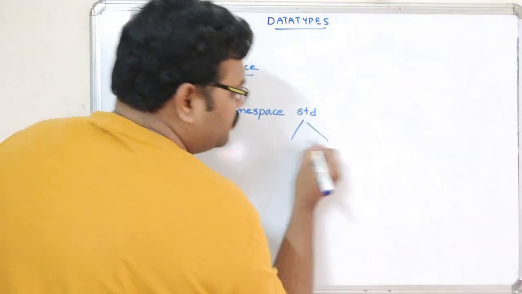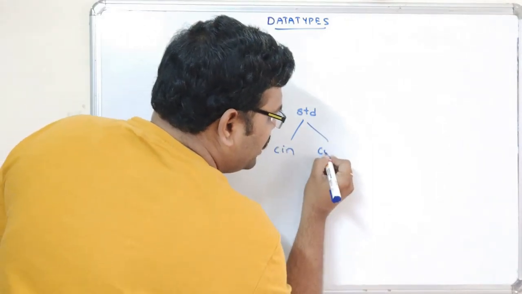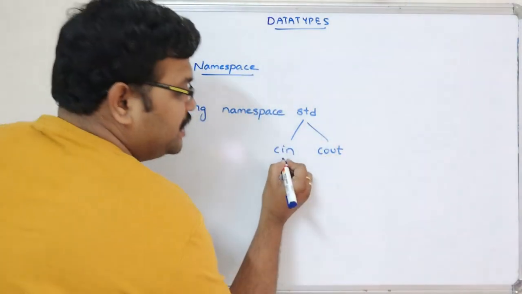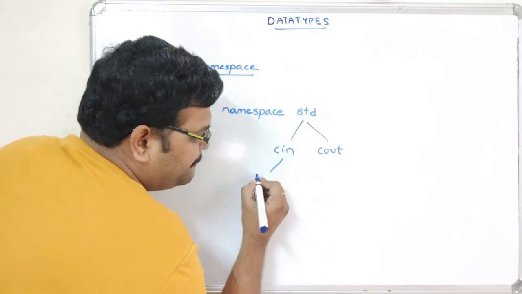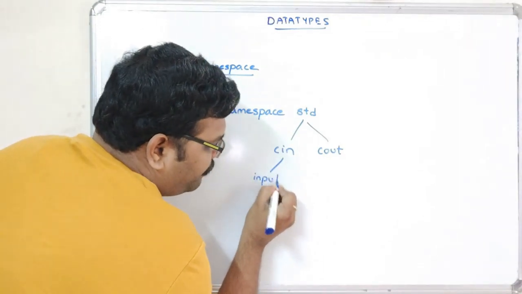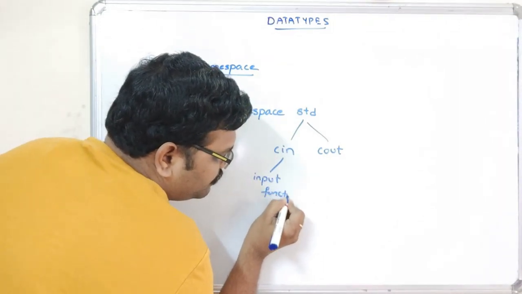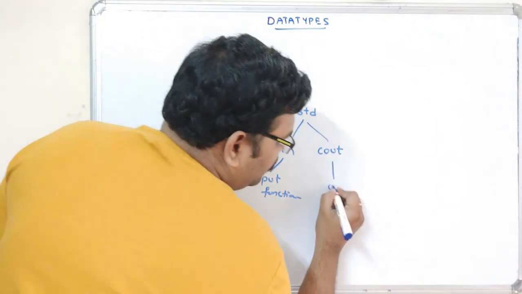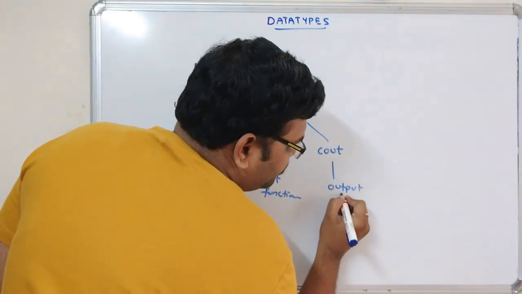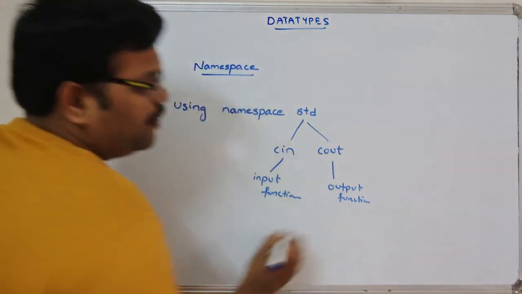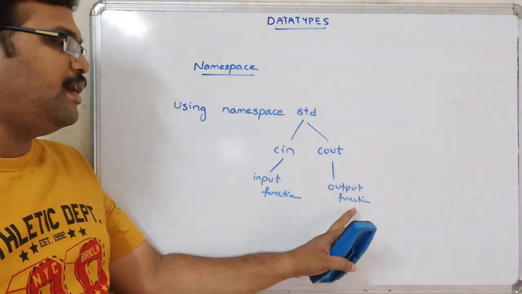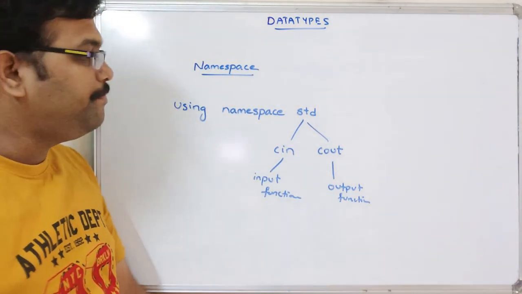Here we can use cin and cout. This is the input function, and this is the output function, just like our scanf and printf.